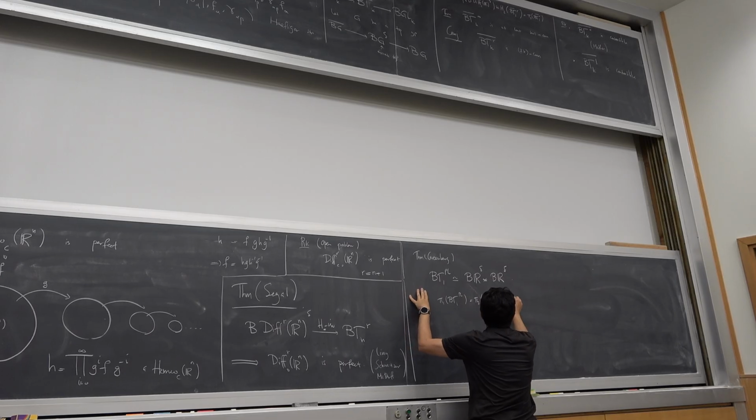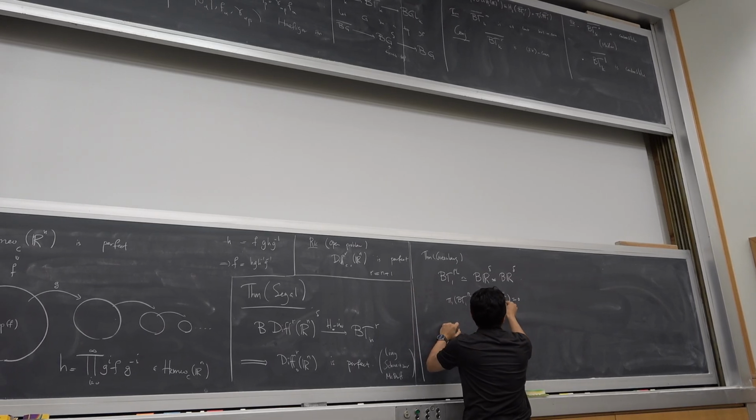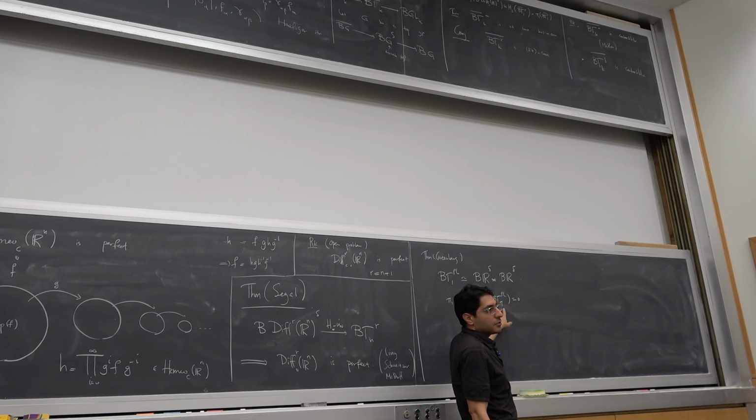And vanishing of pi2 of B gamma 1, as I mentioned above, is equivalent to the perfectness of PL. But the perfectness in dimension 1 was easy. This is a homotopy theoretic proof of that easy theorem.